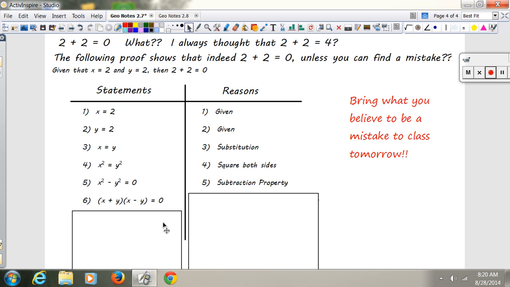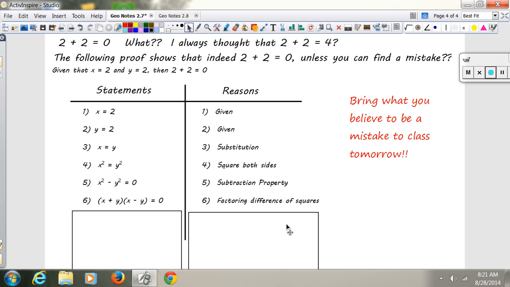X plus y times x minus y equals 0. What did I do there? Back in your Algebra 1 days, you factored a difference of squares. Remember, x squared minus y squared, you get x plus y times x minus y.